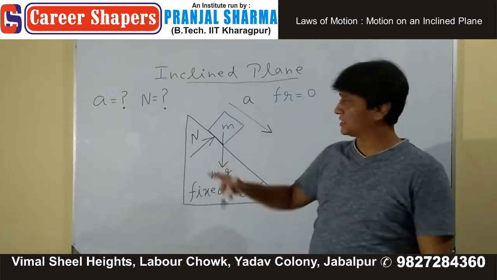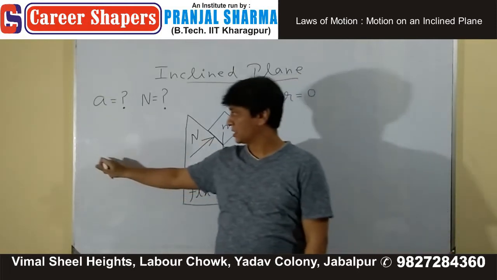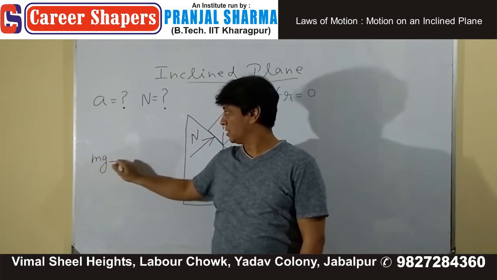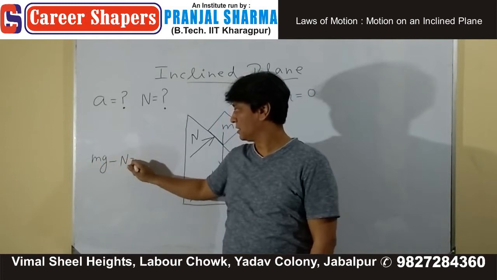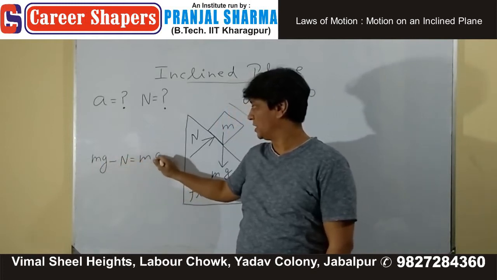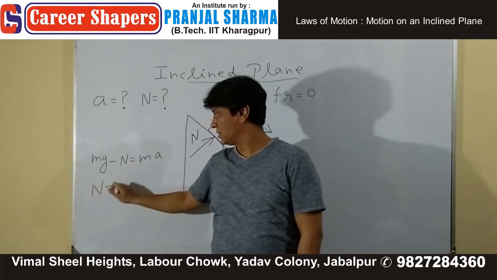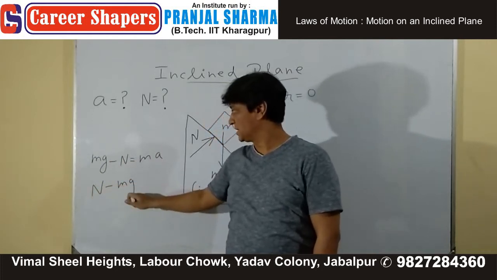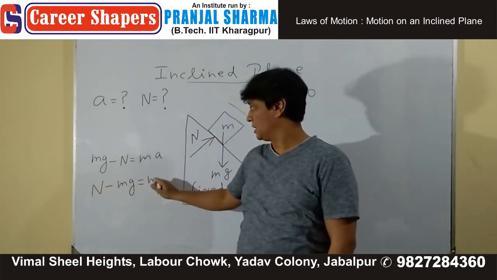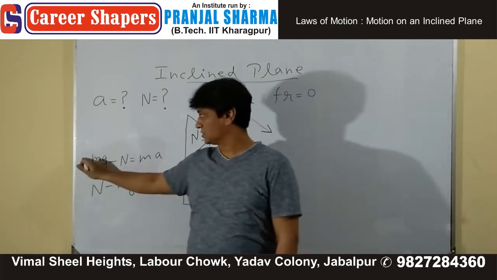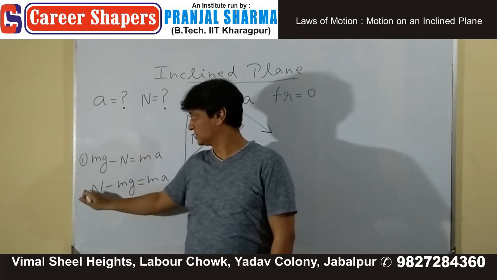Now, since nobody has answered N and Mg, tell me which one is correct. Mg minus N equals Ma, or N minus Mg equals Ma. Which one is correct, first or second?